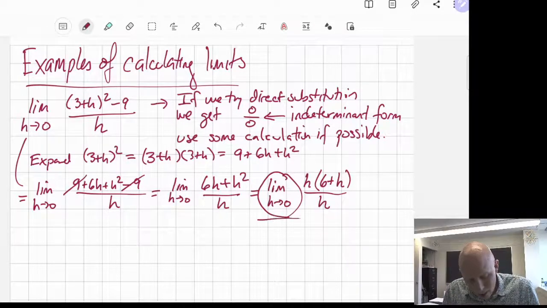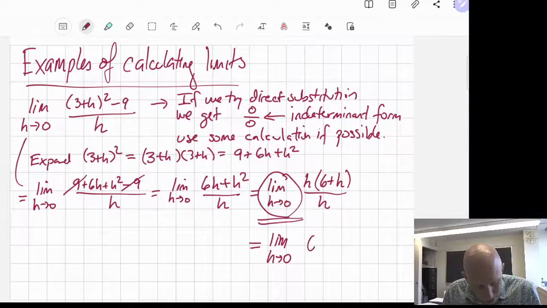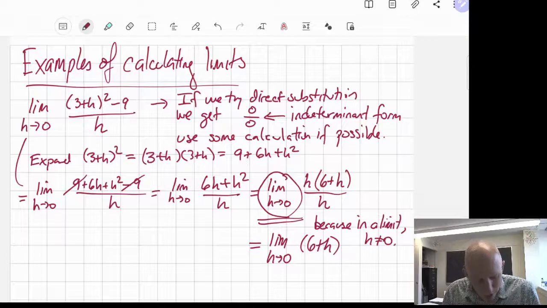But because we're looking at a limit when h goes to 0, then when h is not equal to 0, those two expressions are equal. So this limit is indeed equal to the limit as h goes to 0 of 6 plus h, because in a limit, h is not equal to 0.